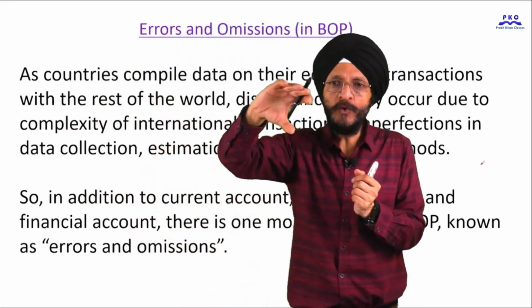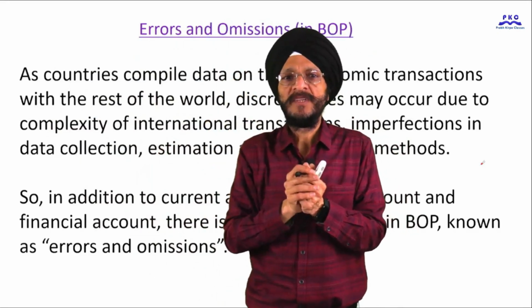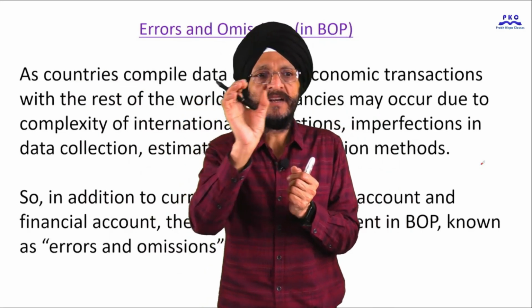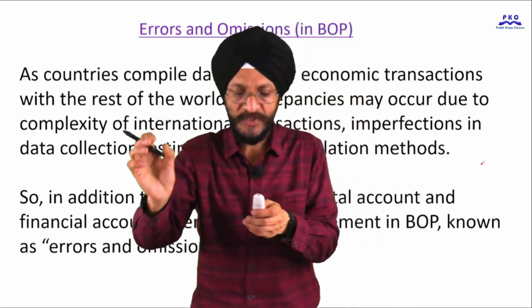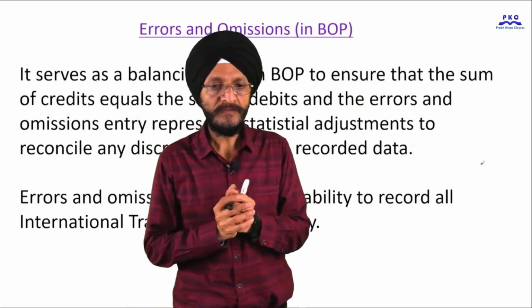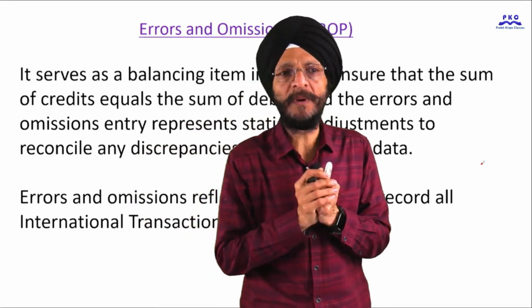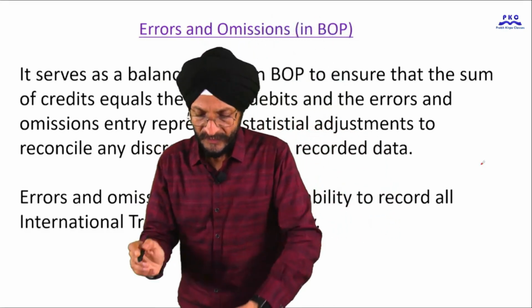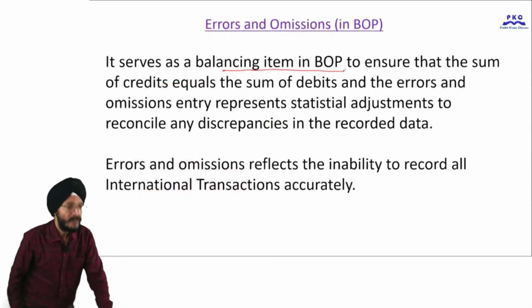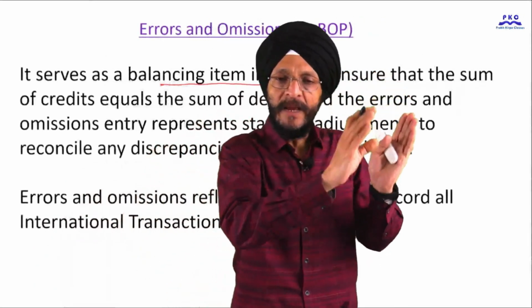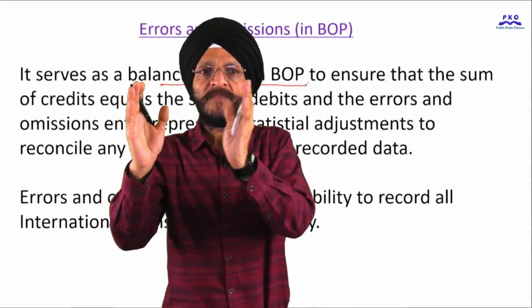So in addition to these three accounts, there is also one more element, and it is known as errors and omissions. Why is the errors and omissions item there in balance of payments? It serves as a balancing item in balance of payments to ensure that debit and credit are equal.